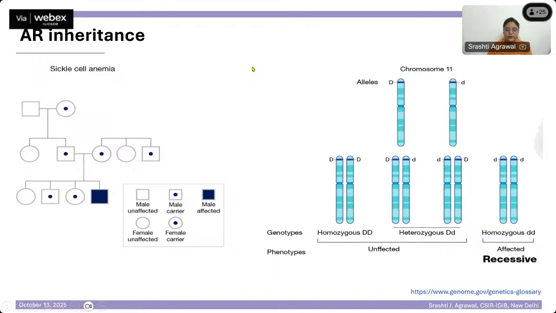So, if the mutation was in the 22 autosomal pairs, and the alleles that are present act as dominant and recessive alleles, then the inheritance is autosomal recessive.